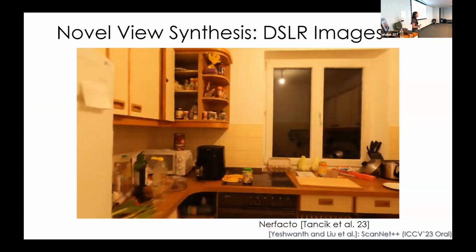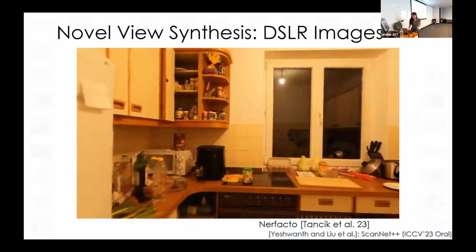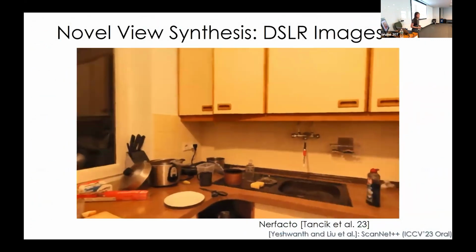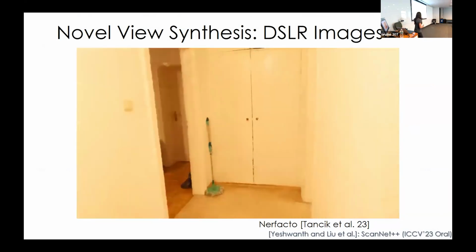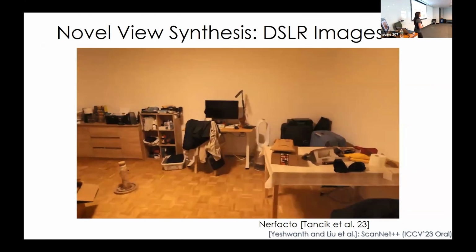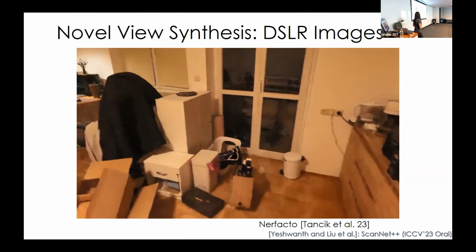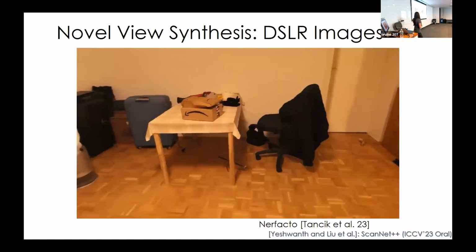So because we have good appearance capture, especially with the DSLR, you can also do novel resynthesis. Video that should go back and play. So this is an example from one of the scenes from Nerfacto, just the neural optimization and putting a virtual camera through the optimized scene. So this also means that we get pretty high quality view synthesis from DSLR images that can be used for more appearance settings.